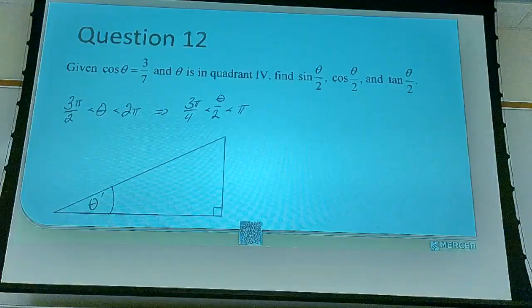We're going to have to use theta prime. By Pythagorean, that missing length is 2 root 10. 49 minus 9 is 40, square root of 40, 2 root 10.